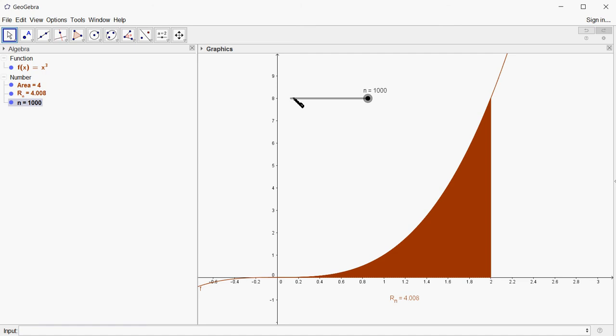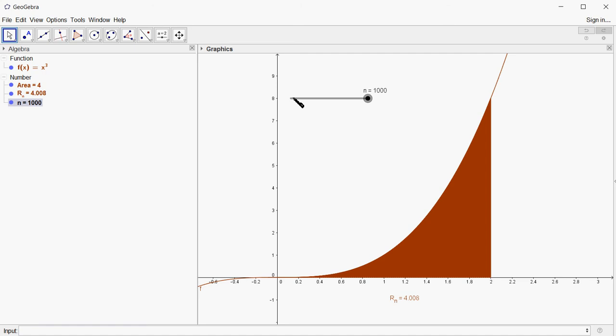So the error is only 0.008. As you increase the number of approximating rectangles, the error is going to be very small, so the right sum is going to get closer to the actual area.